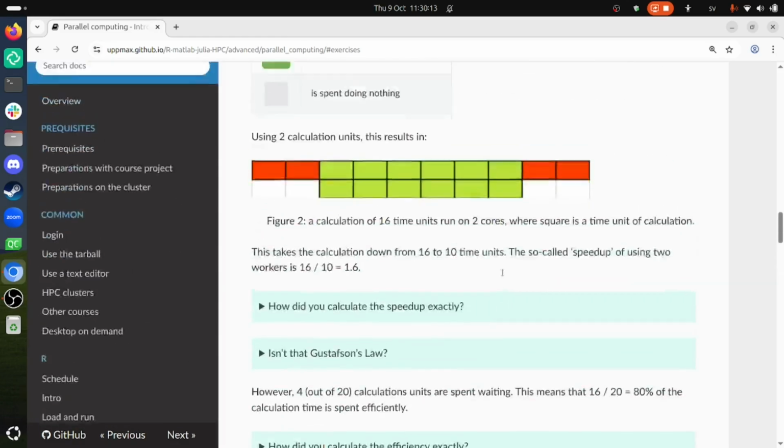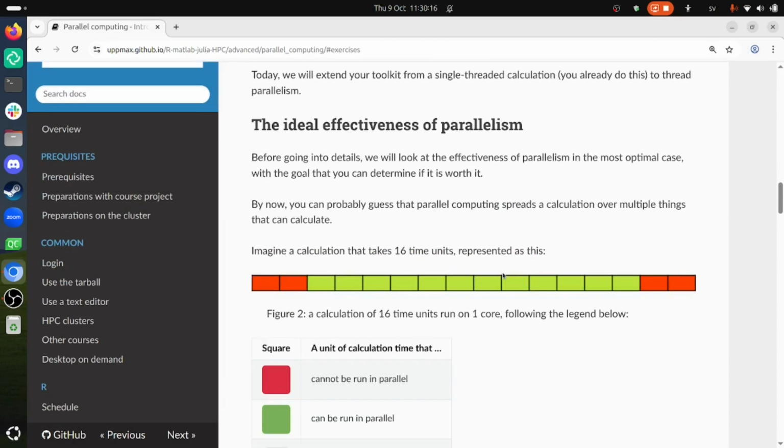But let's take a look at the original computation. The idea is that this is 16 time units, and this part, the green part, can be parallelized. And let's assume an infinite amount of threads or cores or workers. That would mean that this part is done in close to 0 seconds. It approaches 0 seconds. That means that it still needs to do 4 time units out of 16 to do the calculation.